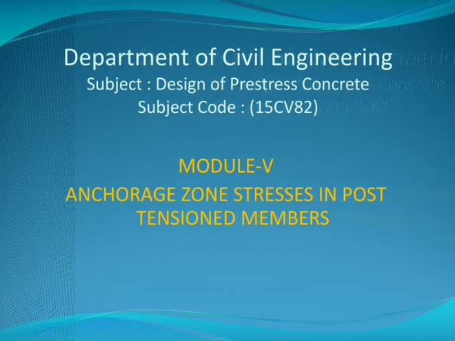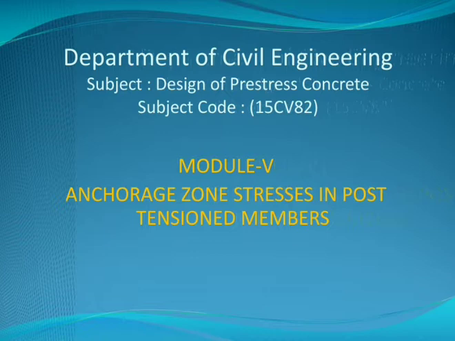We are studying module 5, in which we are dealing with the chapter anchorage zone stresses in post tension members. In the previous examples, we have seen the effect of anchorage zone stresses on the cross section of the beams. Then in the second lecture, we discussed the different formulas and IS code regulations which we have to use for analyzing these members.